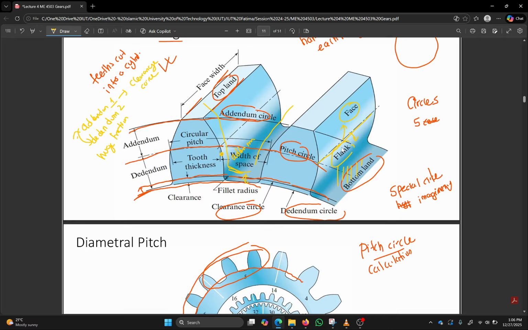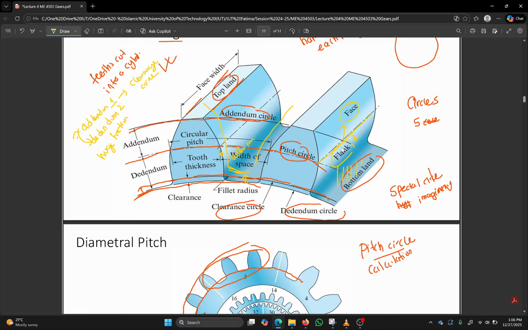From the definition, from one point of a tooth to the same point on the next tooth, what will be the circular pitch? The total perimeter, what is perimeter? 2 pi r, or pi d, divided by the total number of teeth.